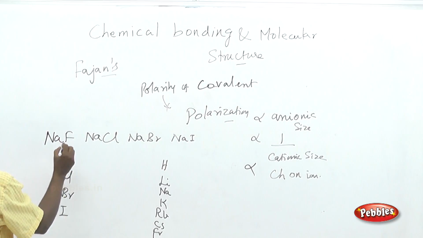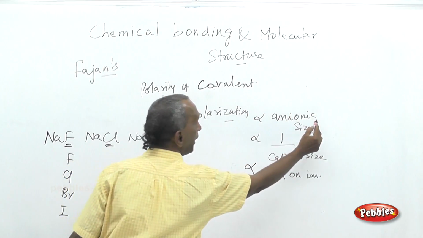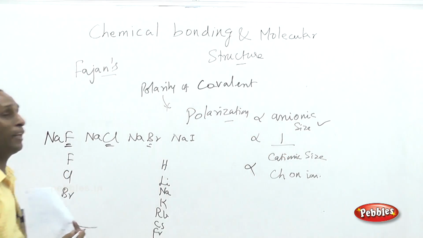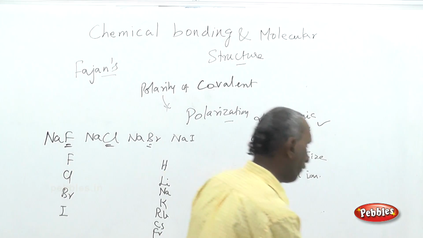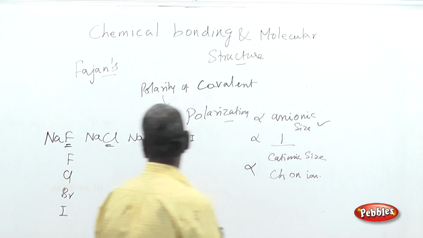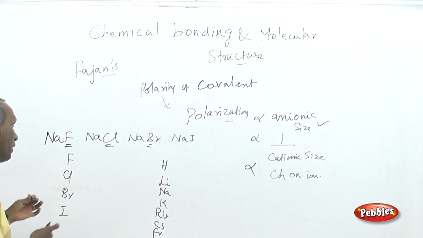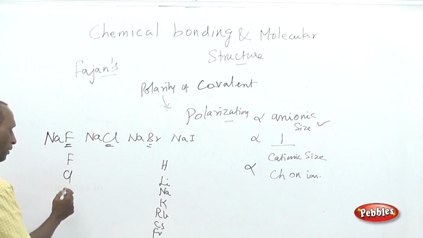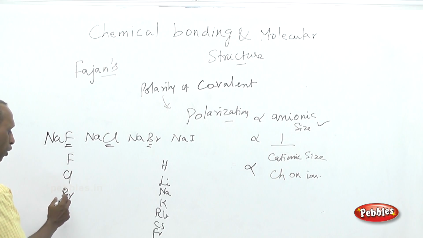So, this compares the anions. Polarization is directly related to anionic size. It means that from sodium fluoride to sodium iodide, the cation is common, only sodium. But the anion varies: the corresponding elements are fluorine, chlorine, bromine, iodine.